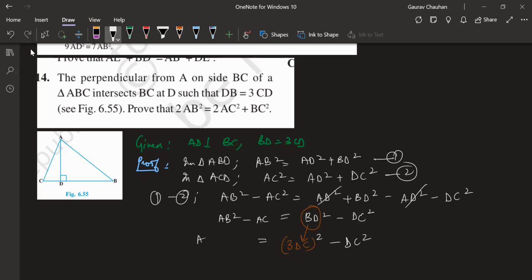Can I get a fist to 5 quickly in the chat box if the step is clear or not? All I did is substitute. I know the substitution was confusing because I was using BD and they are using DB, but it's the same thing basically. So in place of BD, I'm going to write 3CD the whole square. Shripriya, are you following this? Can I get a quick check from you?